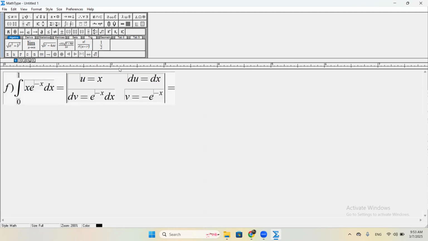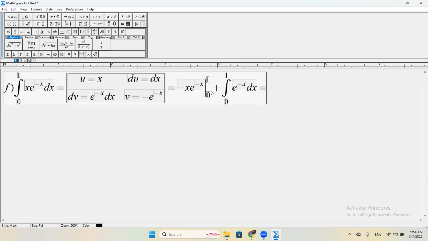And now use the formula of integration by parts, with substitutions from 0 to 1. Now we subtract the integral of v by du. So plus, because of the minus here, minus the integral from 0 to 1 of e to the power of minus x dx.